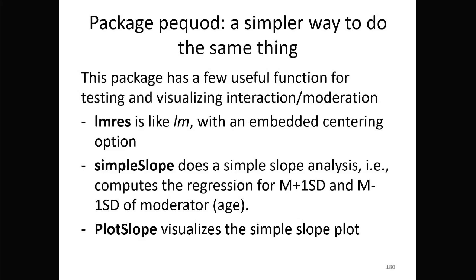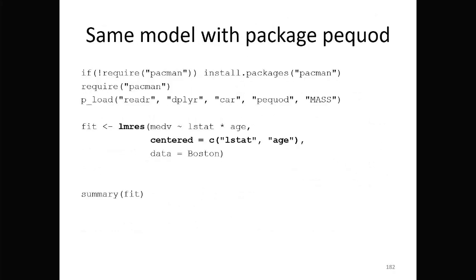But I tried to check for packages that make interaction analysis easier, and one is this pequod package, in which you have this lmres function, which is similar to the linear model function, except it's called lmres.